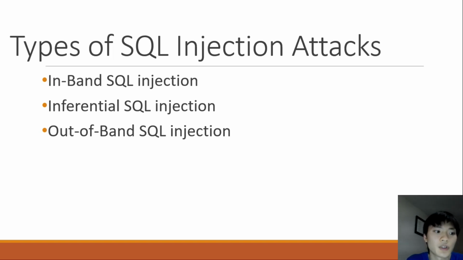Each type has unique characteristics and challenges for defenders. For example, in-band attacks are typically easier to detect due to the nature of immediate responses. On the other hand, inferential, also known as blind SQL injection, requires the attacker to infer data by analyzing the system's behavior.